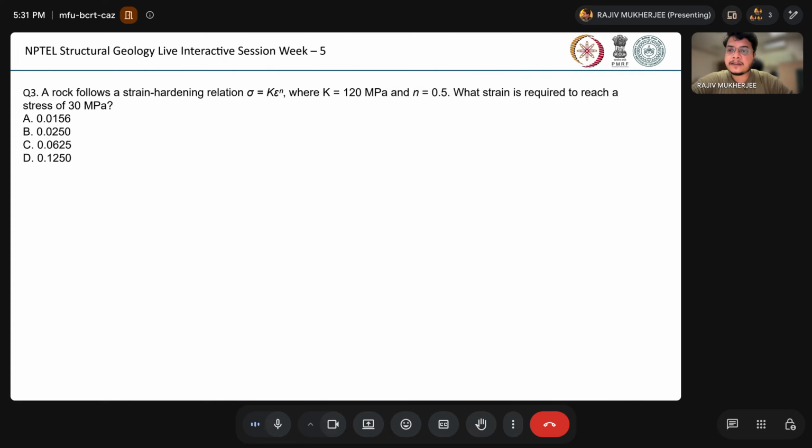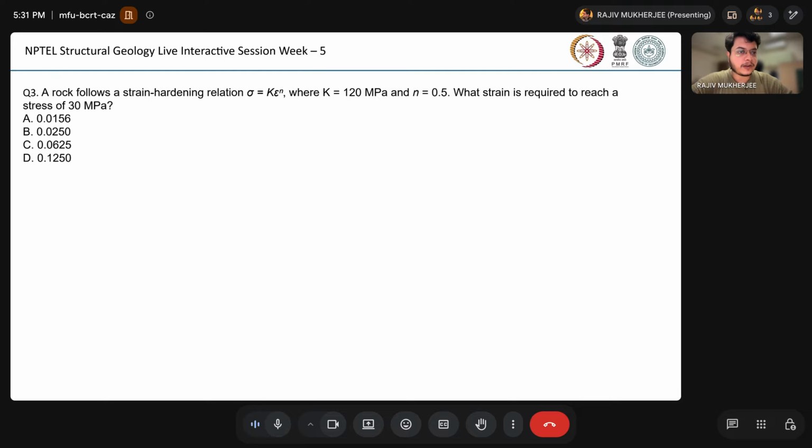Now the options given are 0.0156, that means 1.56%, 2.5%, 6.25%, or 12.5%. So these are the different options given in strain. So post yield, does it require 1.56% of strain, 2.5%, 6.25%, or 12.5% of strain?